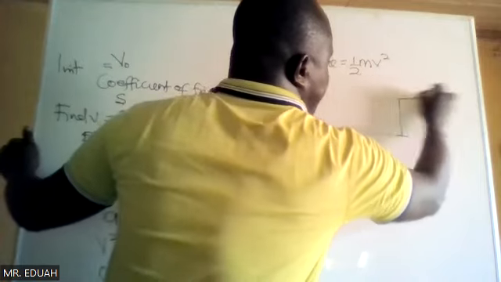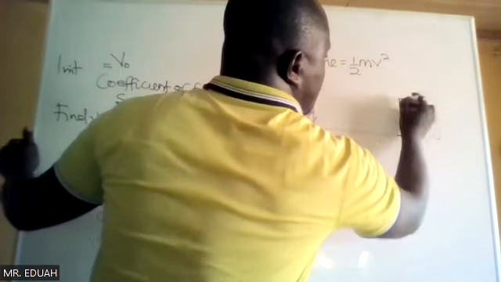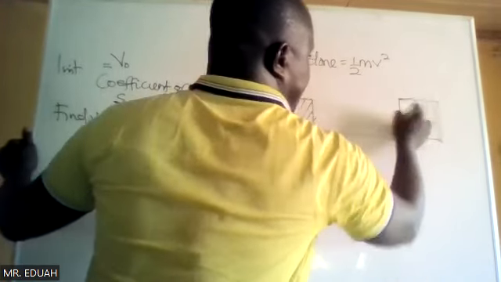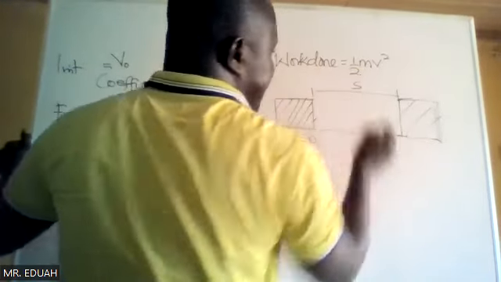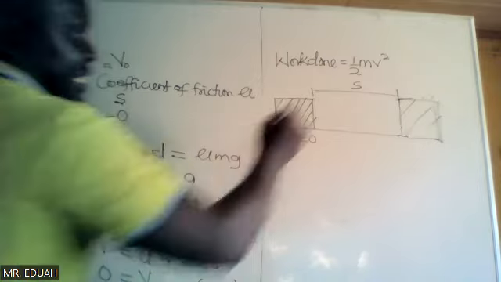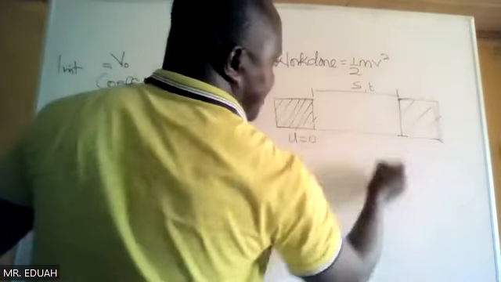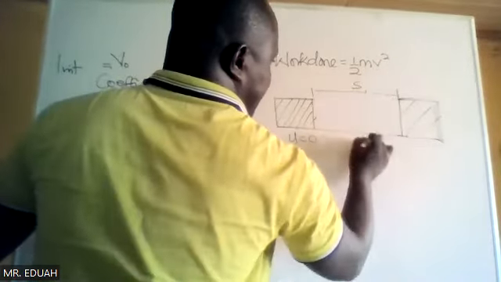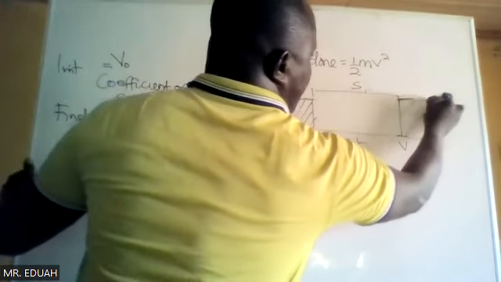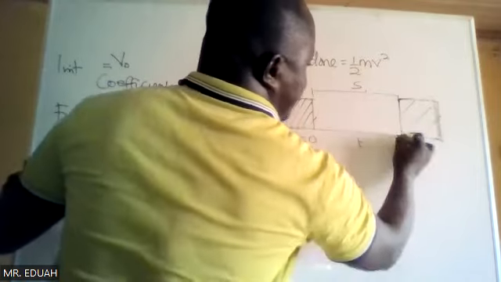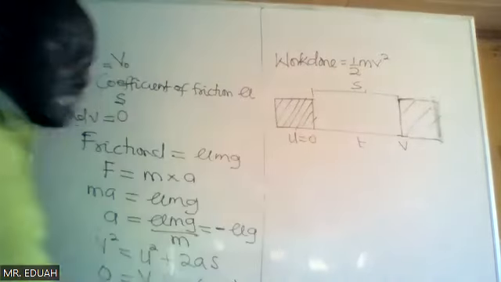And it is moved to another point here. The distance is s. The time taken is t. The final velocity is v. When it goes to this point with the final velocity of v, the initial velocity is 0.